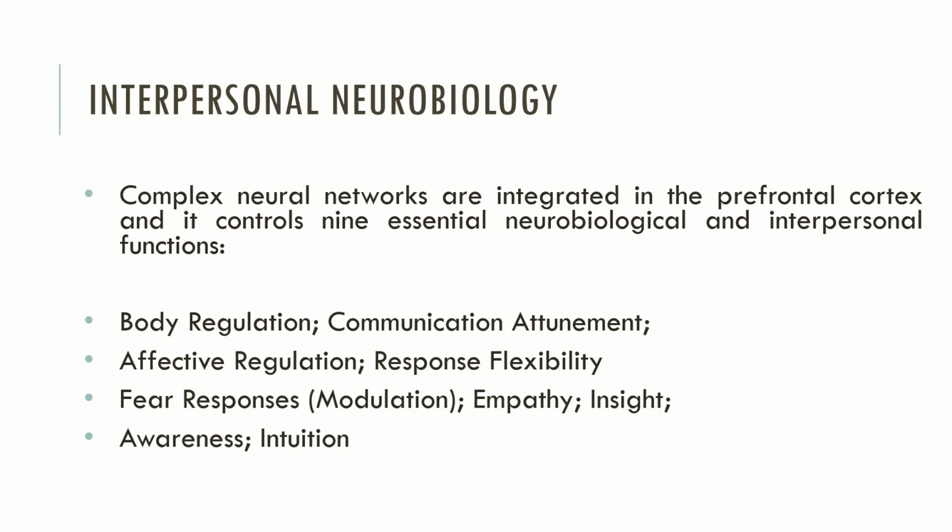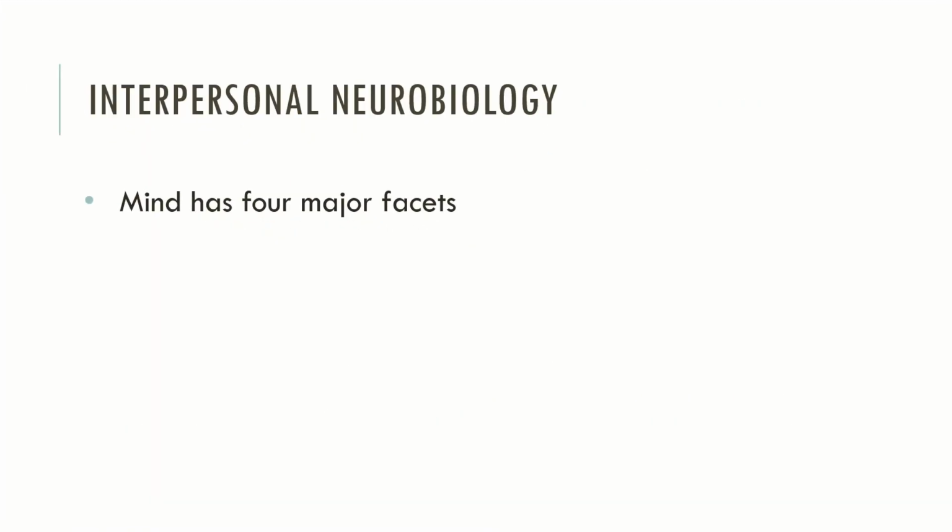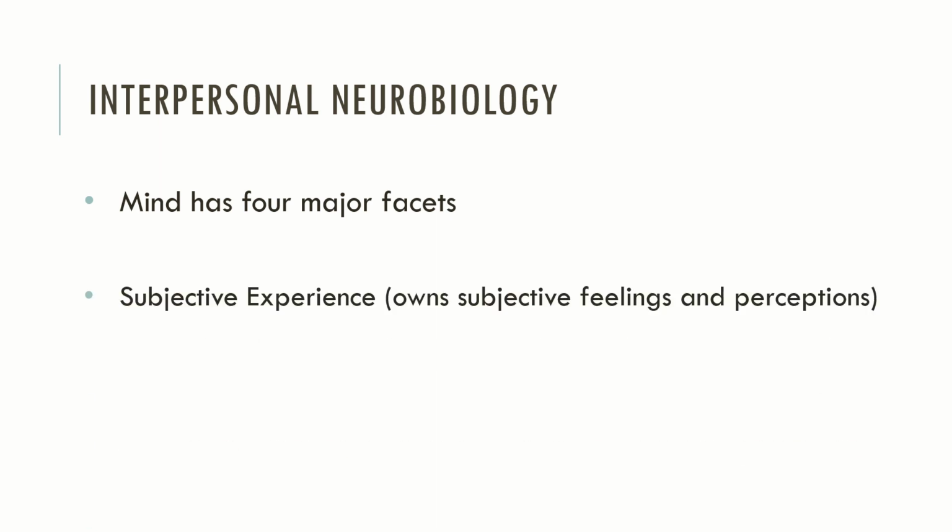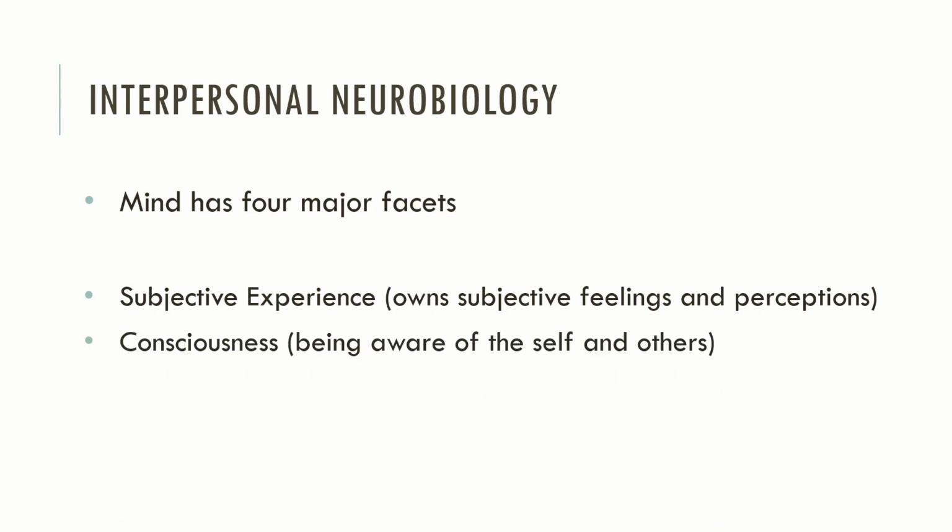Also, according to the interpersonal neurobiology framework, the mind has 4 major facets. Subjective experience, which relates to one's experience of subjective feelings and perceptions. Consciousness, which is being aware of the self and being aware of others, different cognitions, emotions, intentions, and needs.